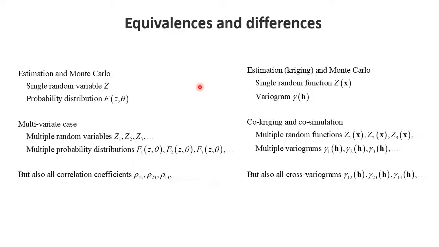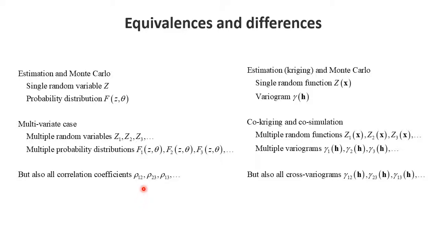And so at a minimum, we'd have to specify multiple probability distributions and also some correlation coefficients. For example, if I assume the multivariate Gaussian applies to this case, then all these univariate distributions are Gaussian, and these correlation coefficients model the linear correlation that exists between these variables.